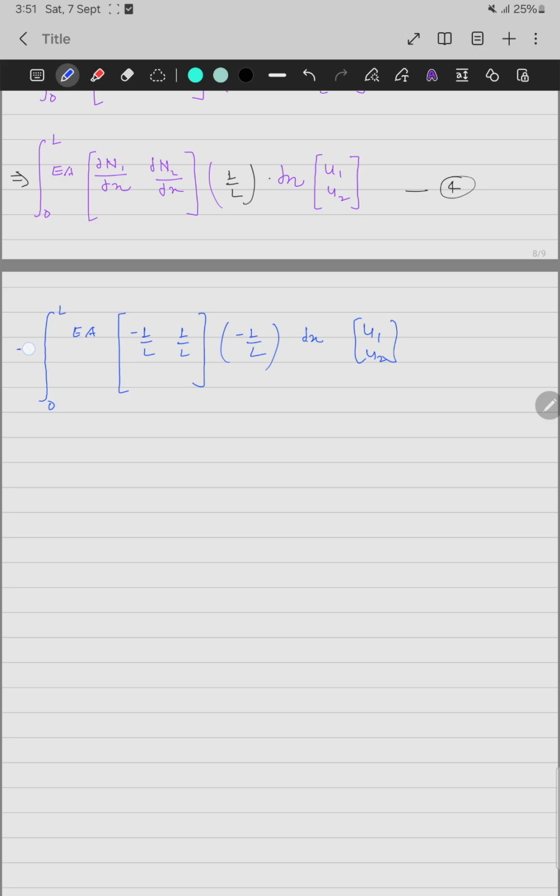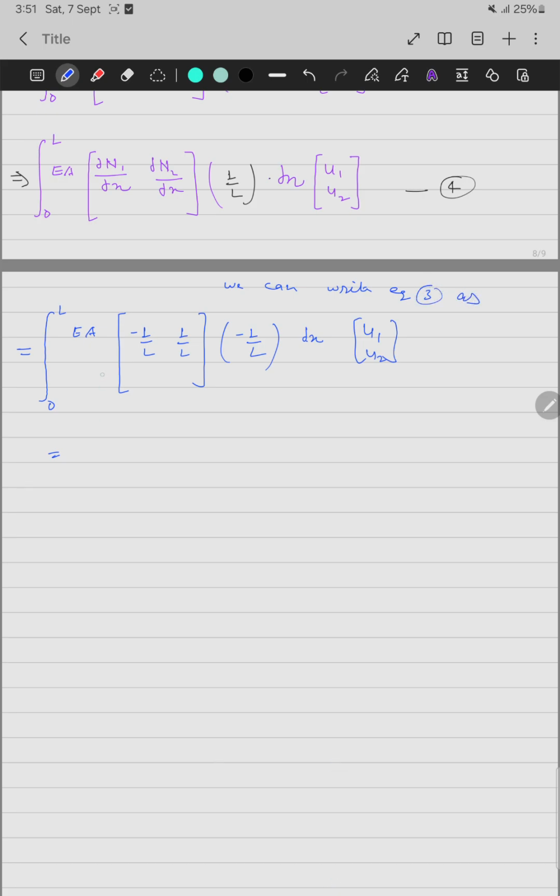Okay, now I can rearrange this. For this, I'm working from equation. We can basically write equation 3 as below.